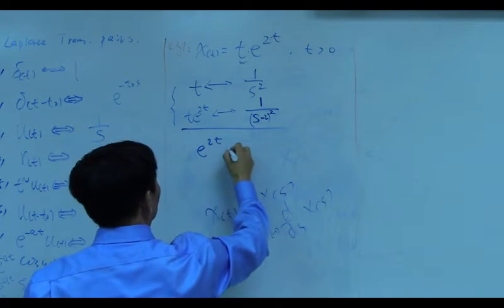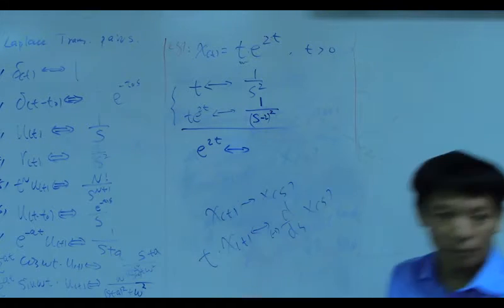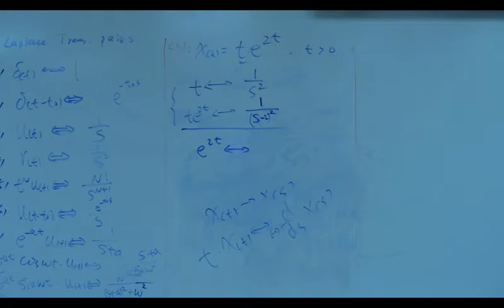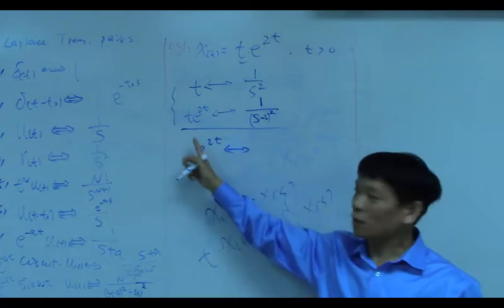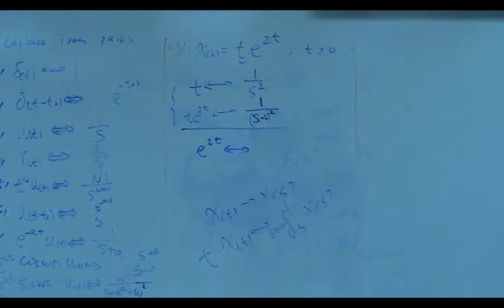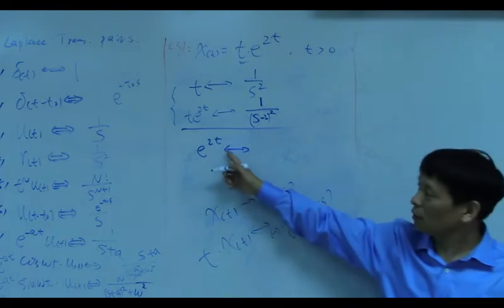e to the 2t gives us what? Your turn. Everybody follow the procedure we are going to do, right? Yes or no? Yes, okay, so now we do this first. Then once we get the Laplace transform, we use this multiply by t property. So what is e to the 2t?